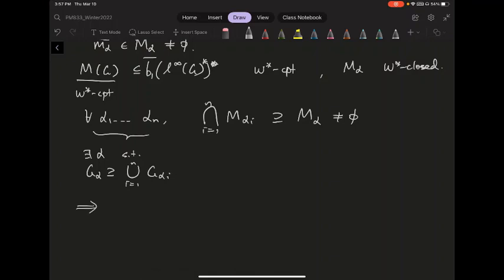So by some topology magic, the intersection of all of these M alpha is non-empty. So you can pick some M inside the intersection of the M alpha.